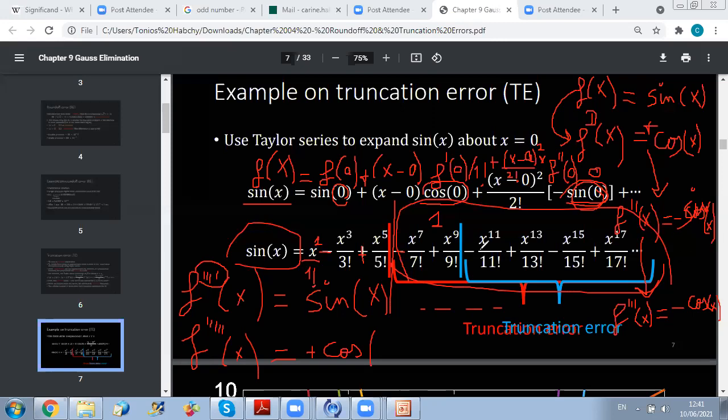Now, if I decide to keep, let's say, 5 terms, 1, 2, 3, 4, 5, and do my truncation there, then my truncation error will be reduced, because I will neglect a smaller number of terms.